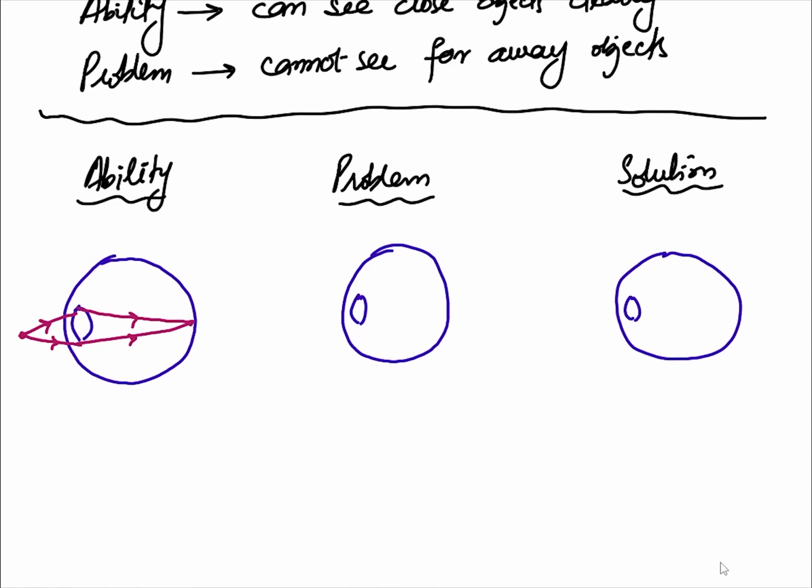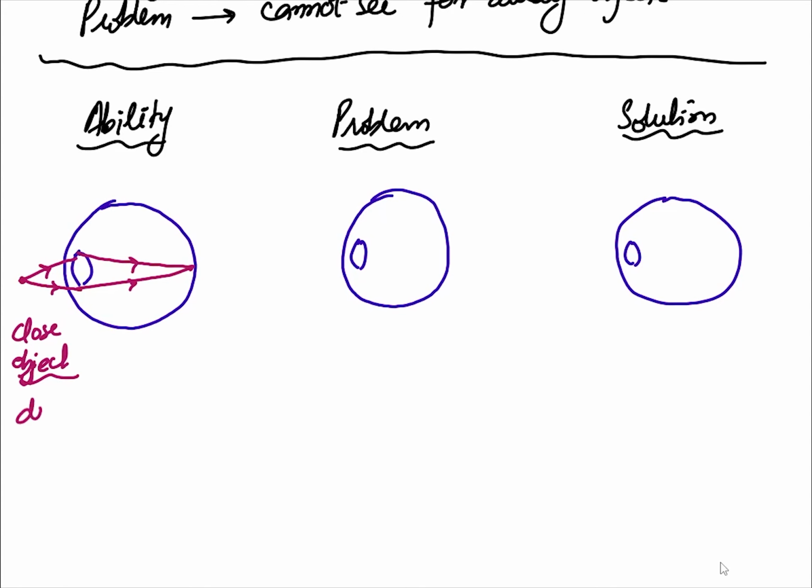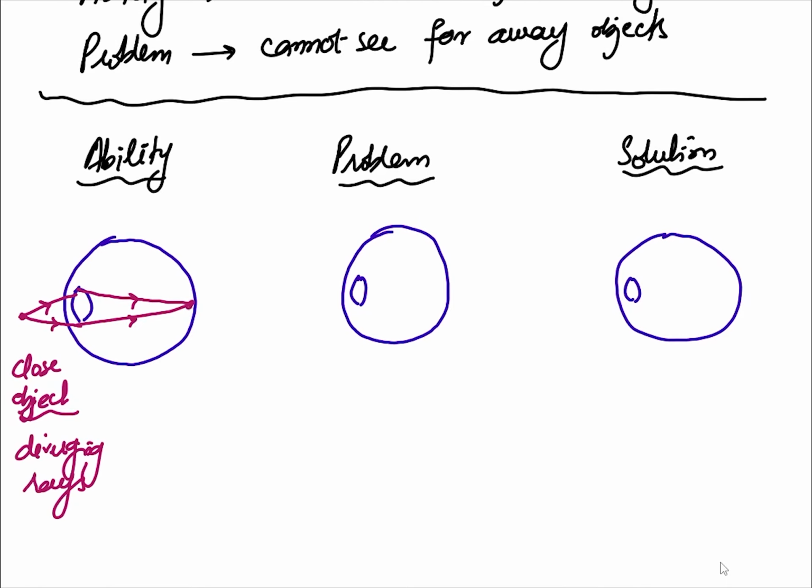So this is what they can do, right? So this is a close object and diverging rays are being observed. Diverging rays, right? And this is our retina that we want focused image on.